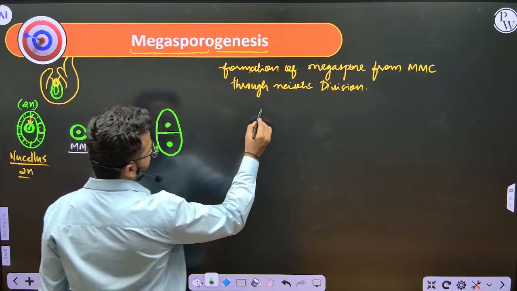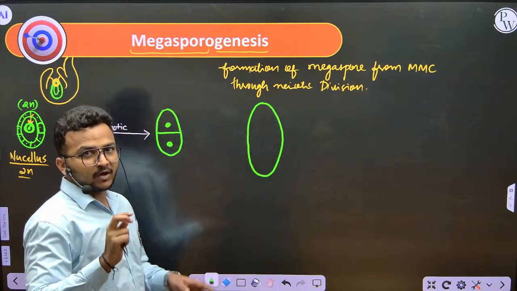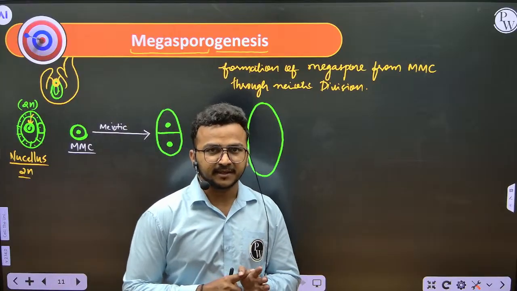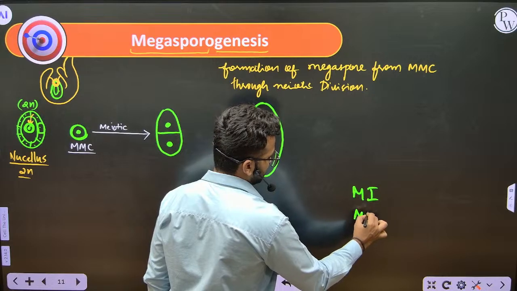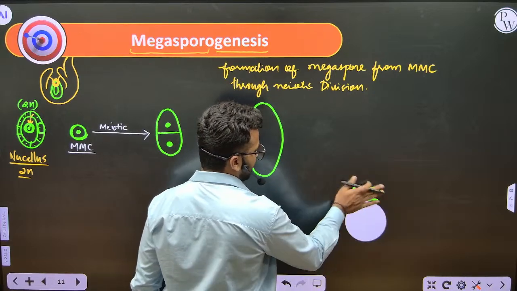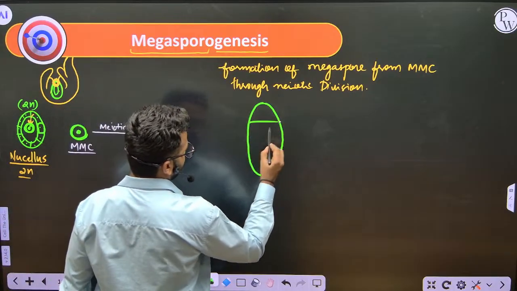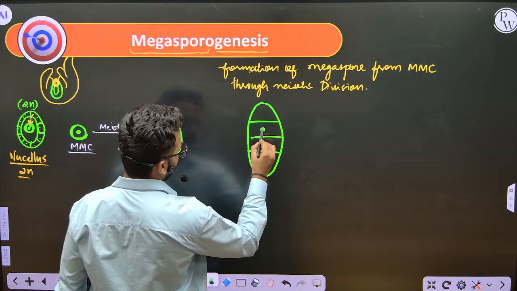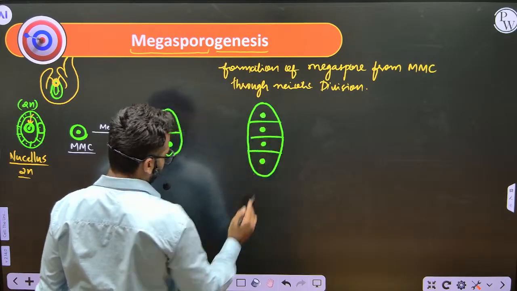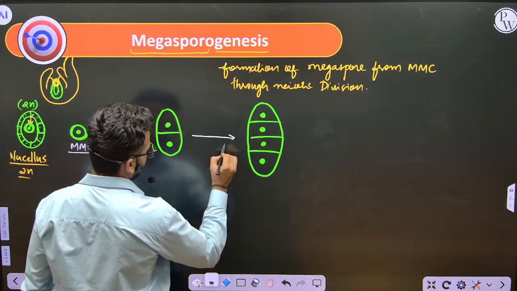It will next undergo another division, meiosis 2. We have seen meiosis 1 and meiosis 2 in cell cycle and cell division. Meiosis 2 is similar to mitosis. It will form 4 megaspores.